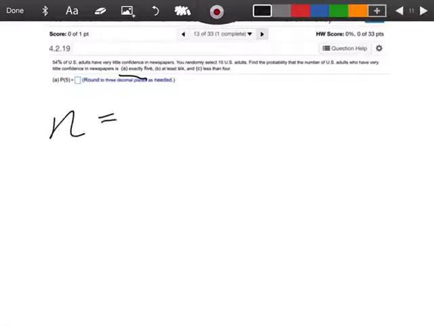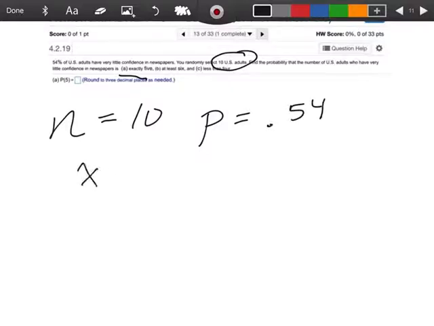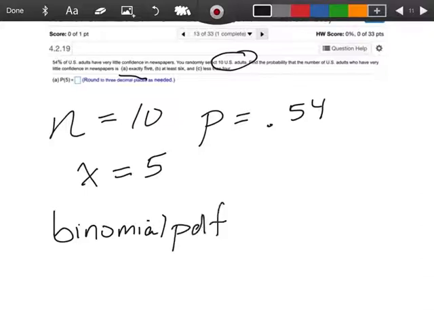Remember, my N in this case is 10 because we've chosen 10 U.S. adults. Our probability P is 0.54, and my X value is the number of adults that we're trying to choose, which in this case is going to be 5. This is a binomial probability, so I'm going to use my binomial PDF because I'm going to find the probability of exactly 5.